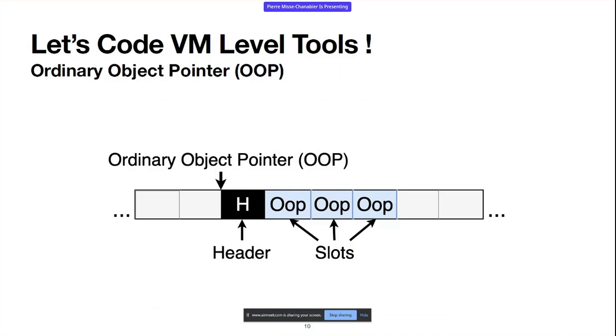An ordinary object pointer, or OOP, is simply a pointer that points to the header of an object, and this header explains how to manipulate the rest of the object. So in this case, a very simple object that has 3 slots, and each slot contains another OOP. So this is again a pointer to a header somewhere else in memory.